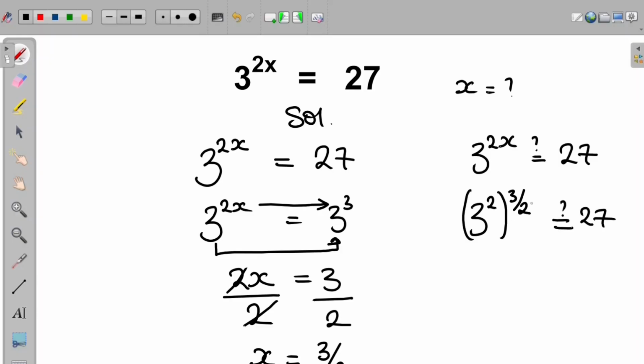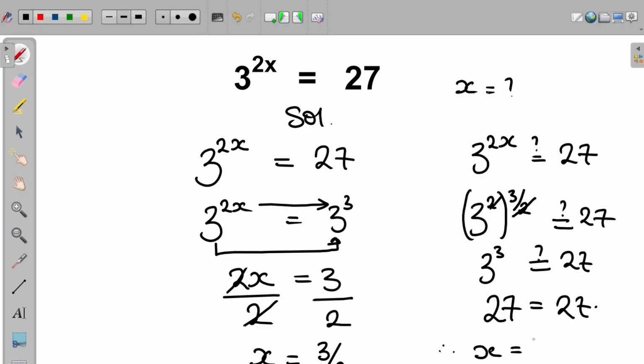At this point, 2 cancels out 2, so we'll be left with 3 raised to the power of 3, which is 27. So 27 is equal to 27. Thus, our x is correct. x is 3 divided by 2.